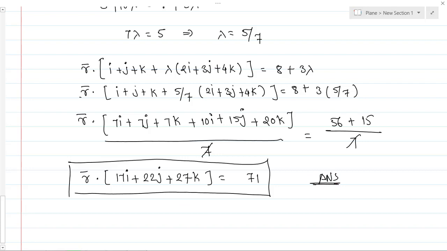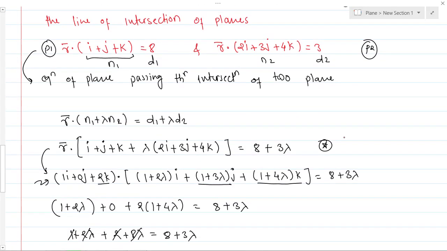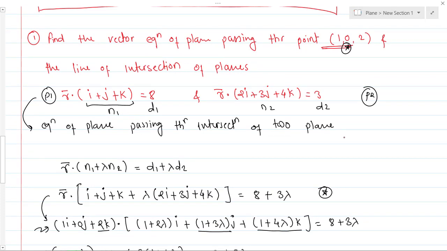Okay, if you find finding the vector equation difficult, no problem, you can solve the same question with the help of the Cartesian form. In that case, you have to convert this p1 and p2 into Cartesian form, which we have already seen in the last videos.